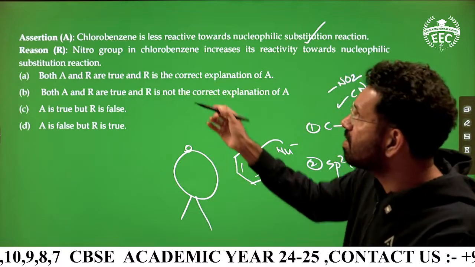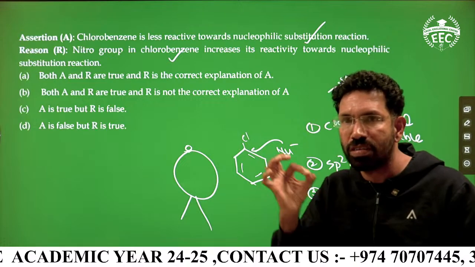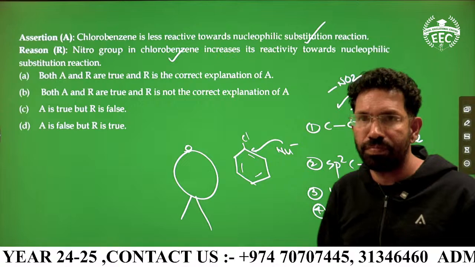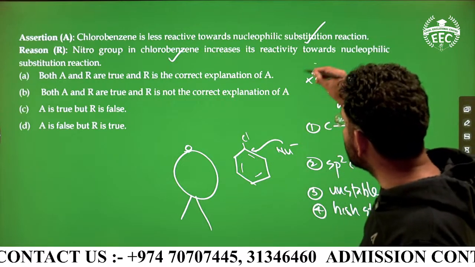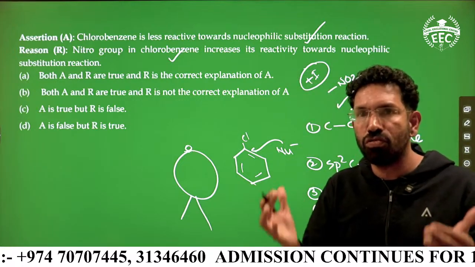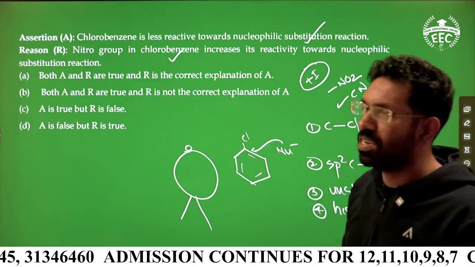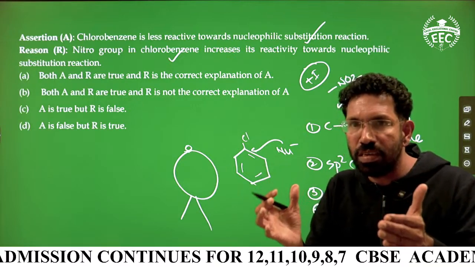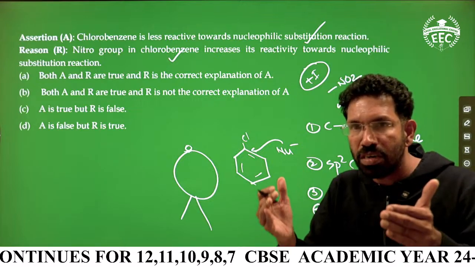So yes, it is correct, nitro group in chlorobenzene increases the reactivity towards nucleophilic substitution. Nitro group is an electron withdrawing group. Electron withdrawing groups are also called groups with the I effect. Yes, they increase the reactivity of nucleophilic substitution reaction of aryl halides. So the reason is correct. It increases the reactivity by increasing the stability of the intermediate ion generated.